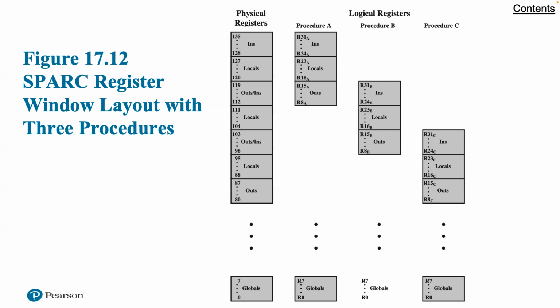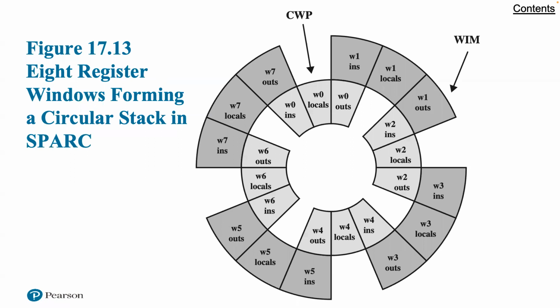Logical registers 16 through 23, referred to as locals, are not shared and do not overlap with other windows. Again, as the discussion of section 16.1 dictates, the availability of 8 registers for parameter passing should be adequate in most cases. And so you can see table 17.4 for more information on that.